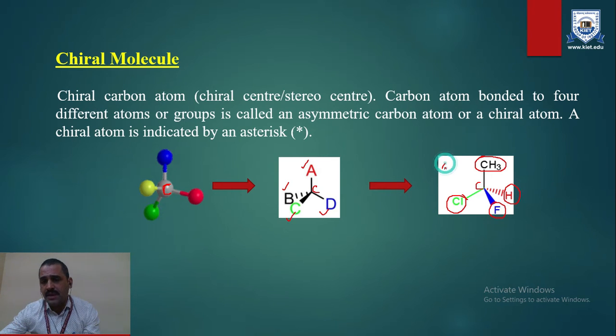If you cut this molecule with any imaginary line, you can see both halves will be different. One half shows chloro and fluoro functionality, but the other half shows methyl and hydrogen functionality. That's why the two halves are not equal in nature. Chiral carbons are generally denoted with an asterisk mark.